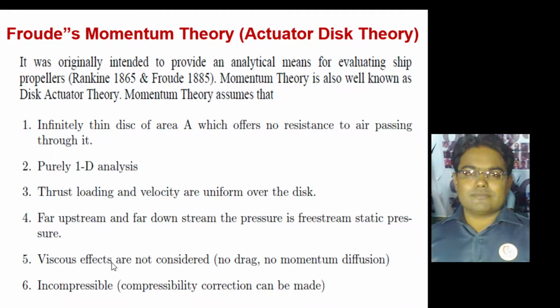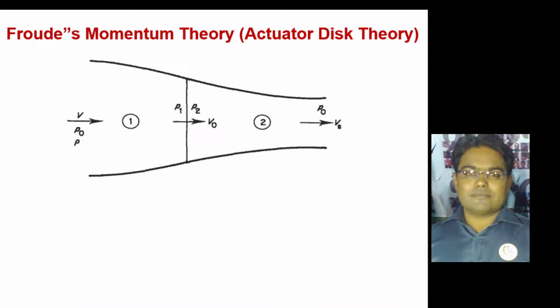Fifth, viscous effects are not considered, so no drag and no momentum diffusion. Sixth, incompressible flow, so no compressibility correction is needed. These are the six assumptions of this theory. Taking these into consideration, they proposed a theory to analyze the performance parameters of a propeller, known as Froude's momentum theory, or actuator disk theory.